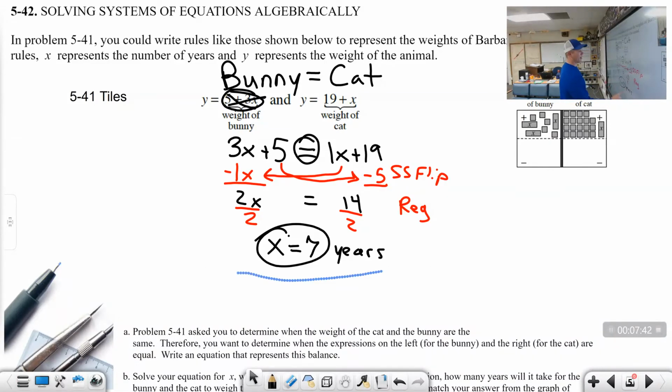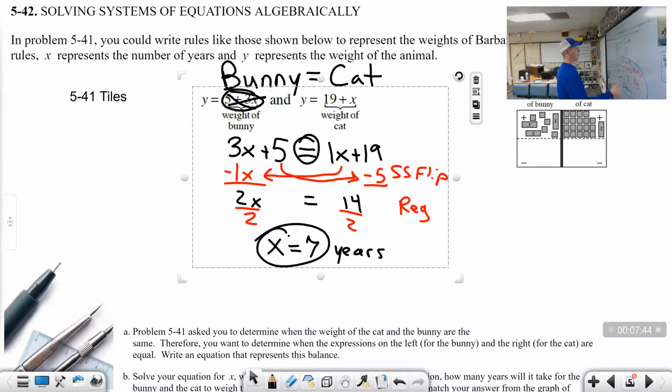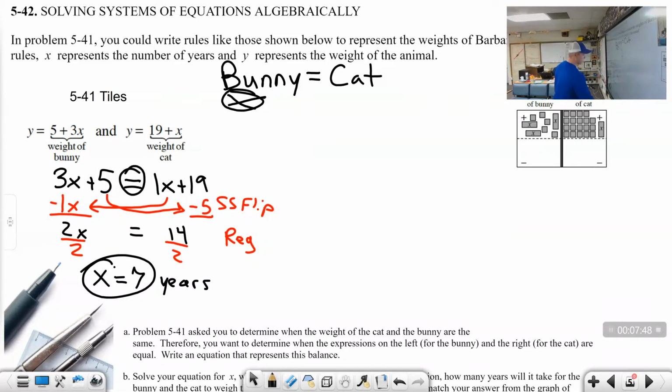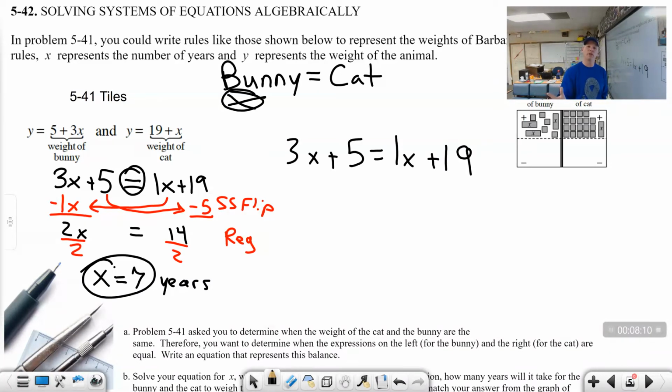Let's see if I can take this and scoot it over here so that I have room to write, because when I am solving for x, after I get my answer, x equals, I need to go back and check my work. 3x plus, don't write this yet, 3x plus 5 equals 1x plus 19. This is our original equation.